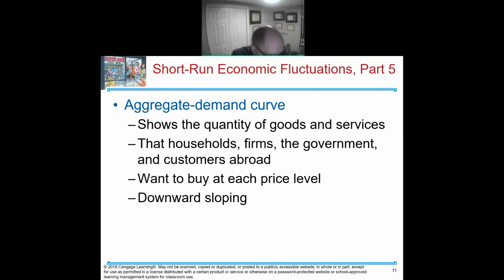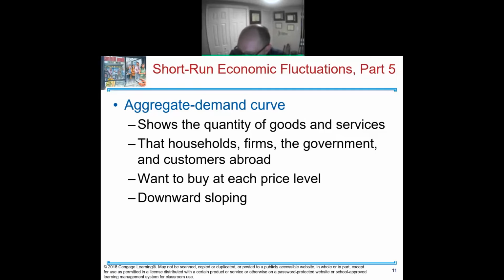So as we look at the aggregate of supply and demand, first we'll look at the aggregate demand. It shows us the quantity of goods and services that households, firms, government, and so on want to buy at a particular price during a particular time. Hence demand.